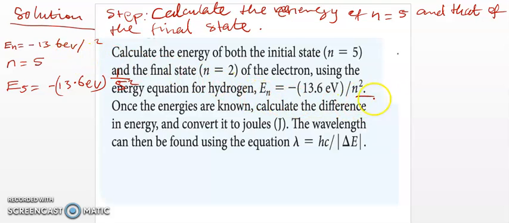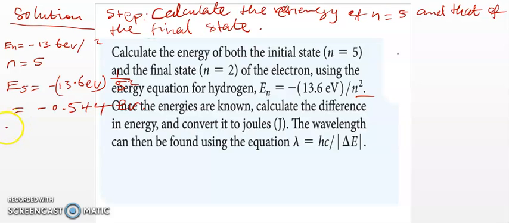If you plug this into your calculator, you will simply get negative 0.544 electron volt, eV. So this will be the initial state.